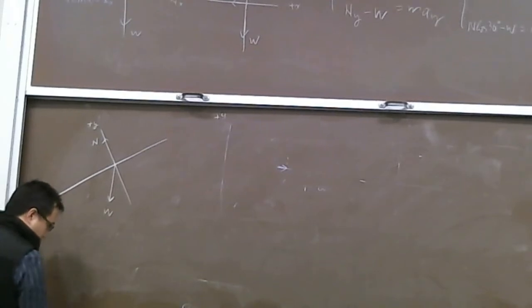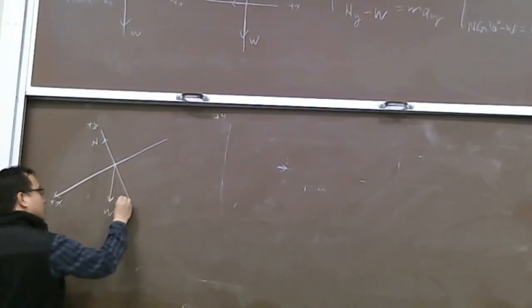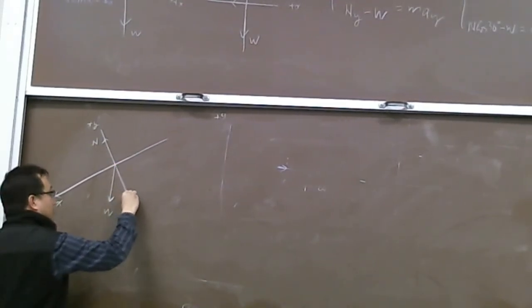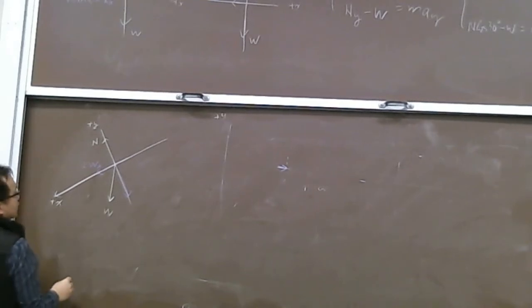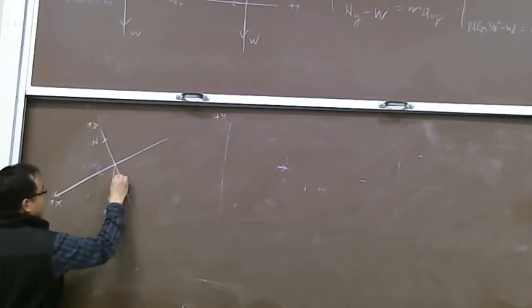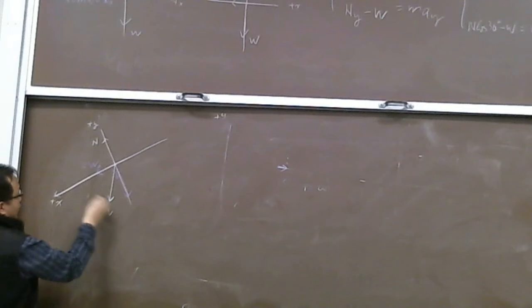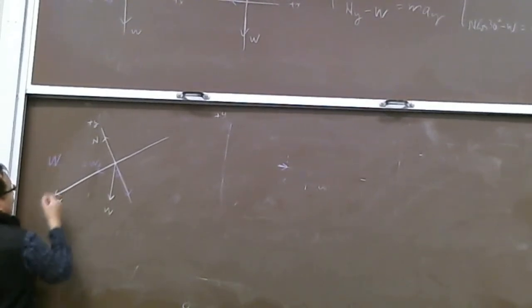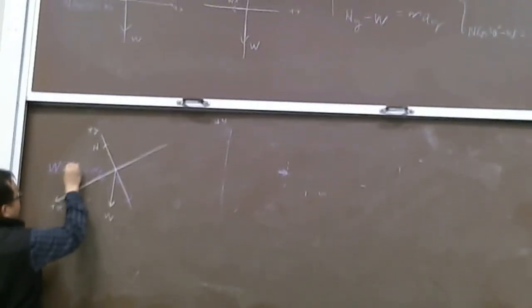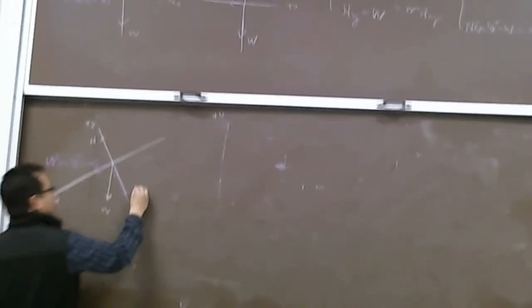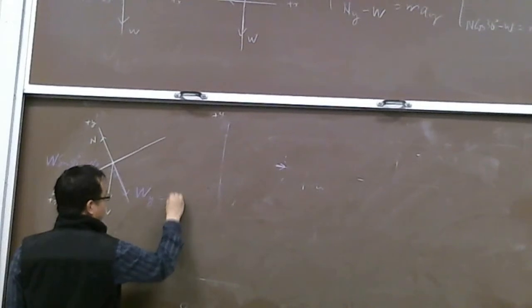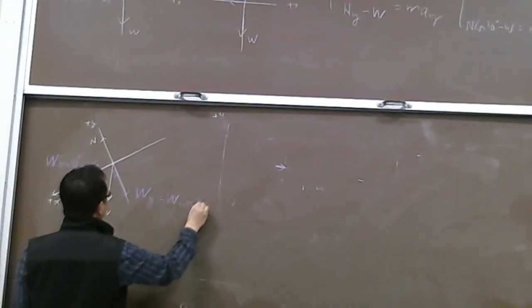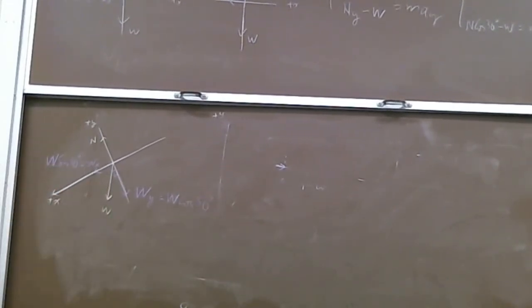So the force we need to decompose is W. Wx, this is 30 degrees, you can identify, equals W multiplied by sine 30 degrees. Wy equals W multiplied by cosine 30 degrees. Okay?